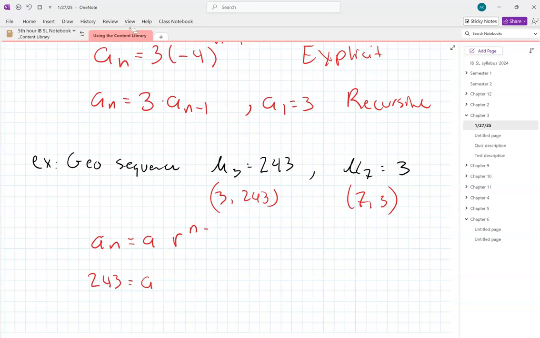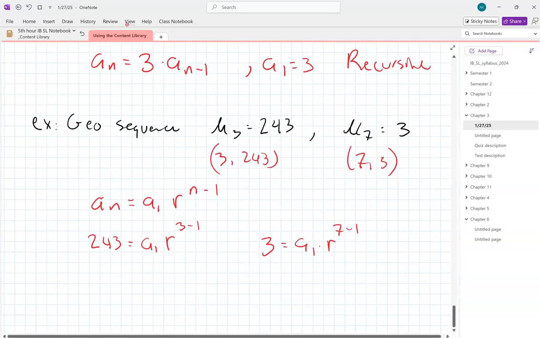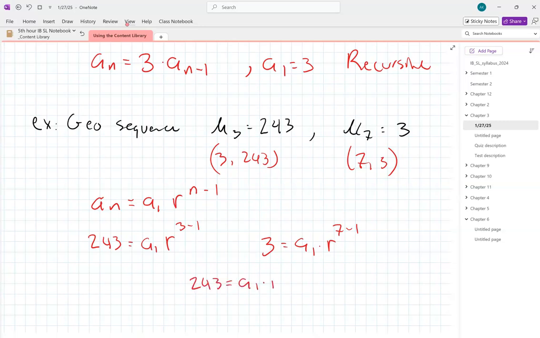That's fine. I'll just make that 1. Times r to the 3 minus 1. And then similarly, I can say 3 is equal to a1 times r to the 7 minus 1. I'm going to make a system of 2 equations with this. So I'll call that equation A and equation B.